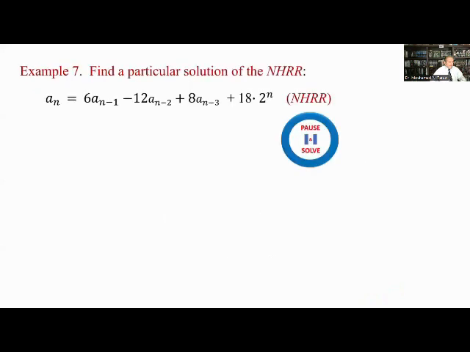Now it's your turn. Find a particular solution of the non-homogeneous recurrence relation. This one is of degree 3, as you can see. So pause your recording and try to do it on your own and come back to see if you succeeded. Okay, welcome back. Let's see what you did. The associated homogeneous recurrence relation is this one here.